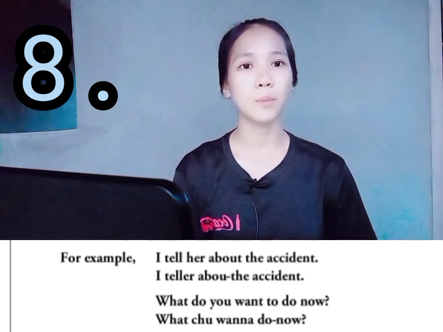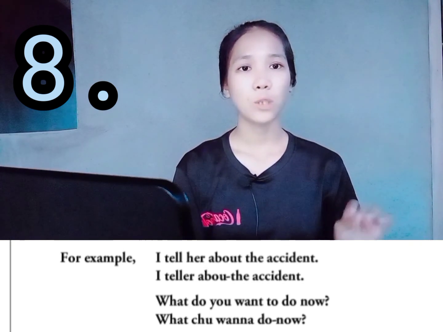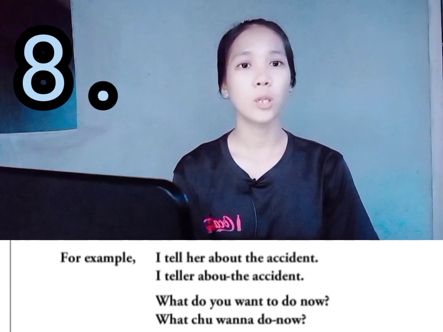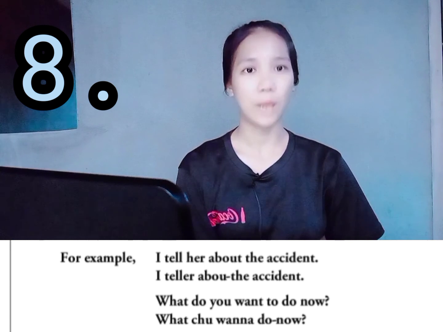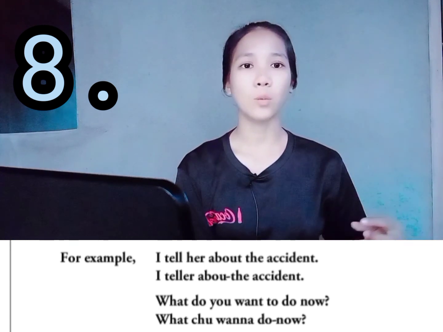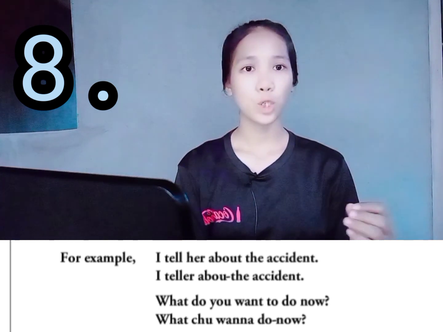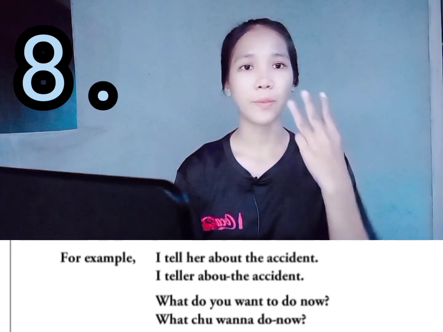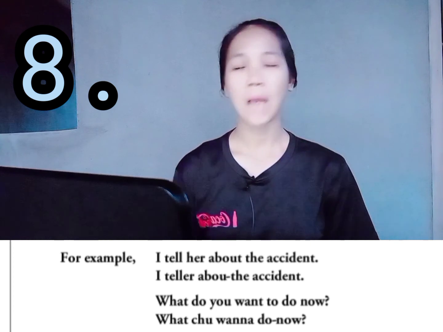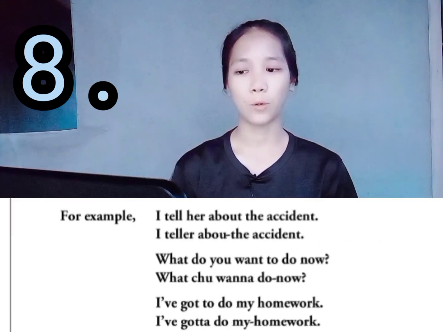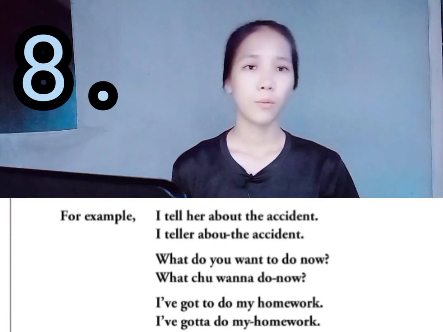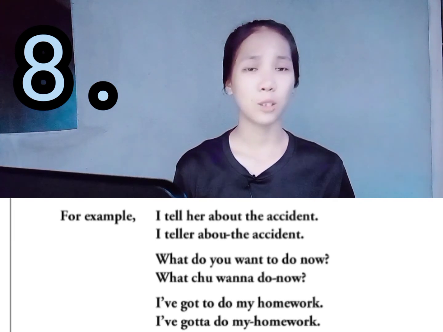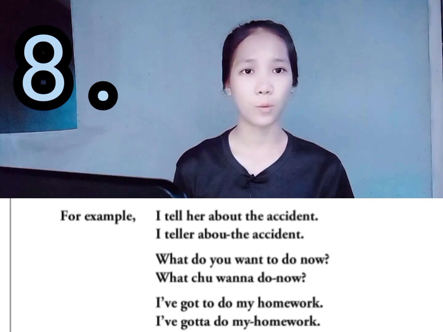And the second example is, what do you want to do now? So they connect all the words. What you wanna do now? And the third example is, I have got to do my homework. In reality, they say, I've got to do my homework.